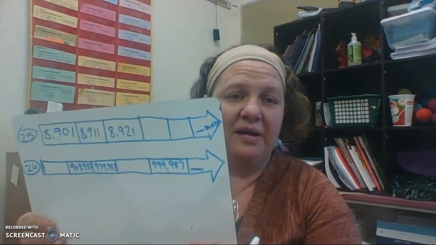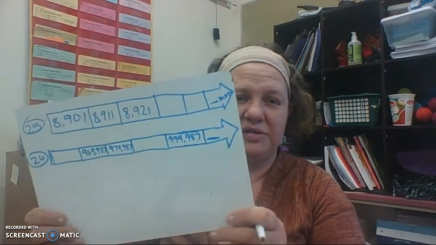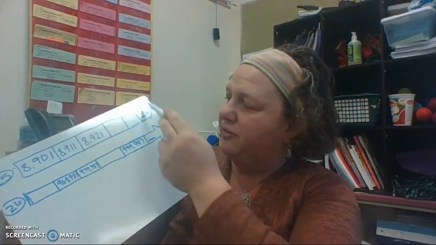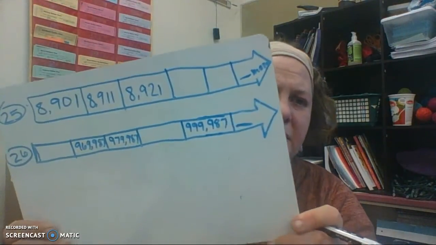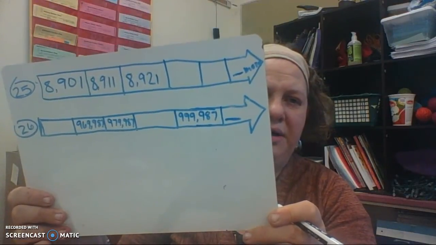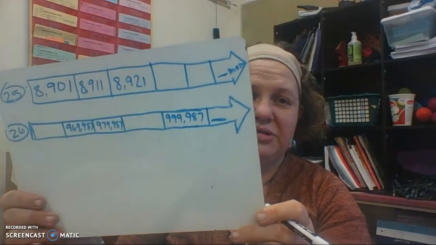Then the last section of the page has some number patterns going on, and you're doing a similar thing, but now it's just patterning. So each number is going to change by something, and then the end is going to have a rule of whether it be more or less at the end. So we went from 8,901, and then 8,911, and then 8,921.